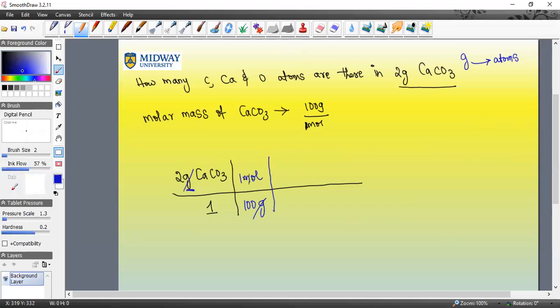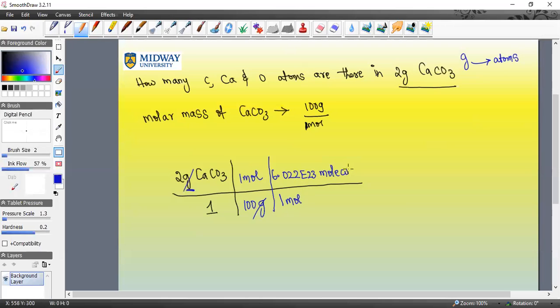Now a mole contains also 6.022 e to the 23 molecules.